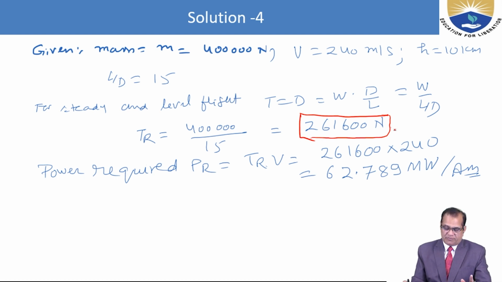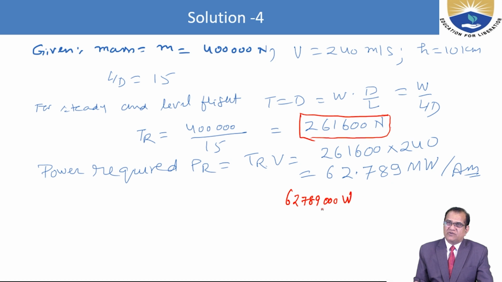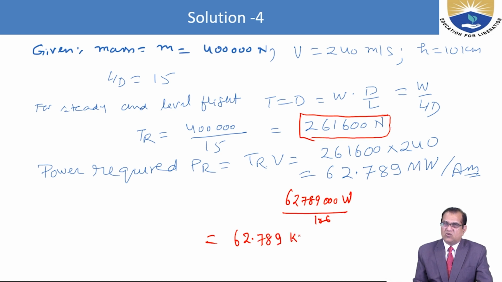But we have to find the power, and we know that power is equal to thrust times velocity. So thrust is 261,600 times 240. Here you will get 62,789,000 watt. Divided by 10 to the power 6, you will get 62.789 megawatt.